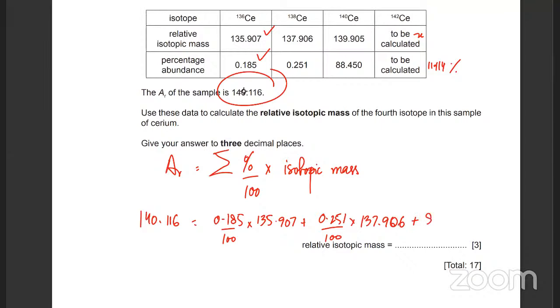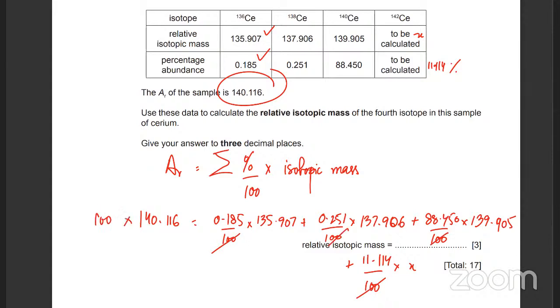Then you have 88.450 over 100 times 139.905, and then the last one, which is X, the percentage, that's 11.114%, over 100 times X. And we have to solve for X. You can get rid of the 100 first.